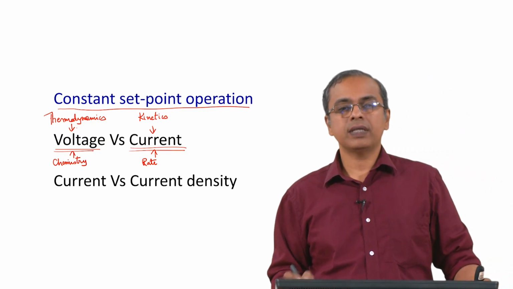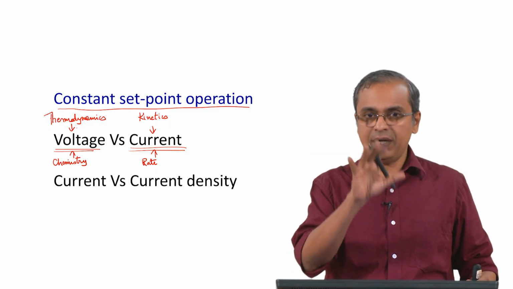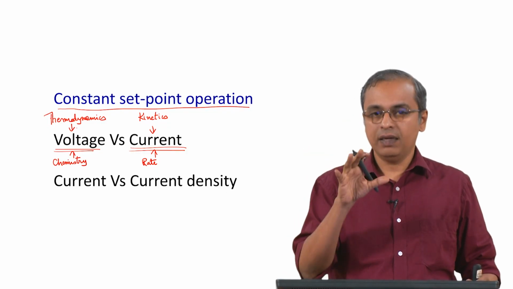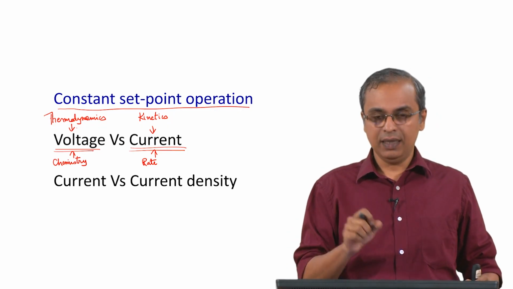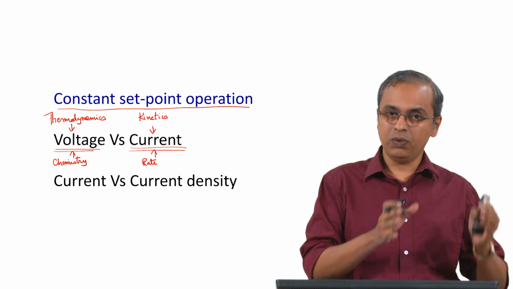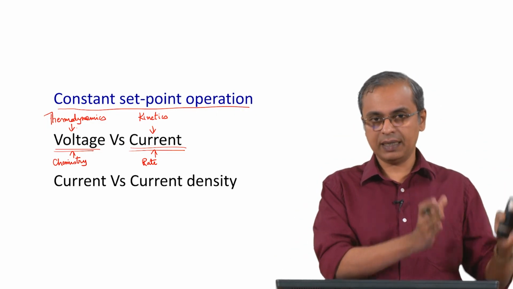So the current represents the rate at which the reaction is occurring, and in the field of science we look at it from the perspective of kinetics of the reaction. The voltage looks at what can possibly occur, and that falls under the realm of thermodynamics.